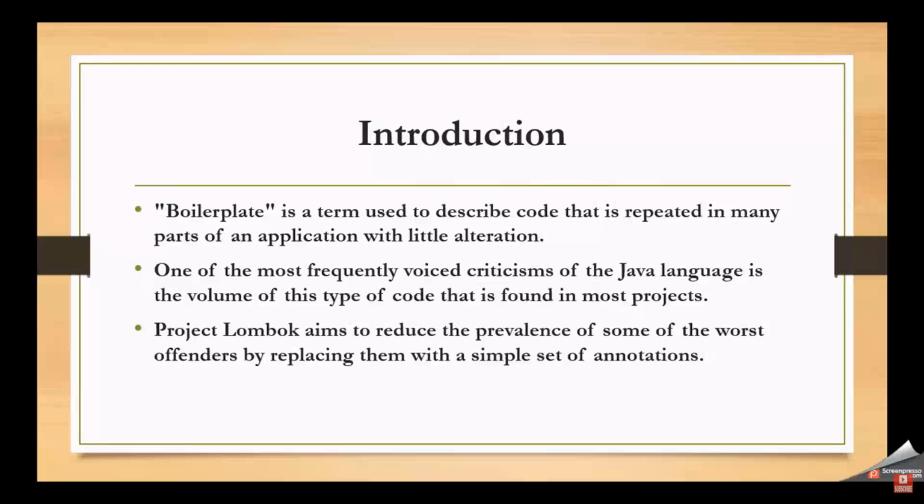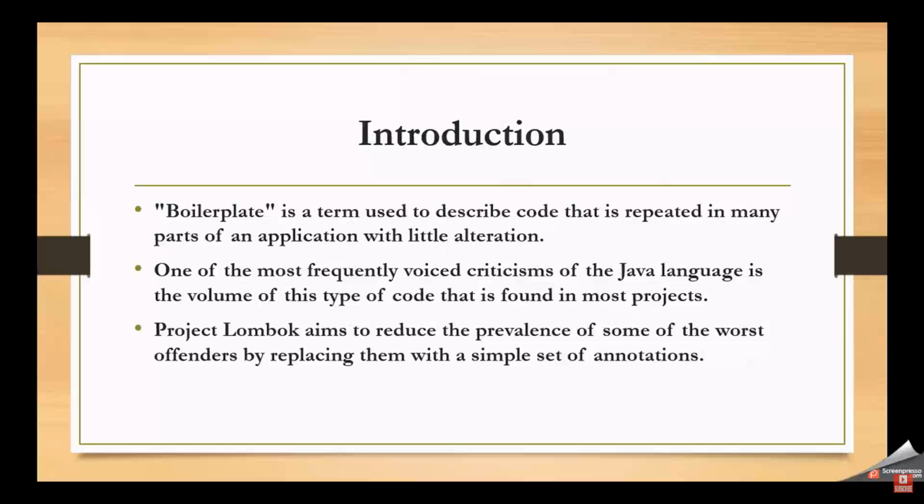Now, instead of writing that much boilerplate code in the project, we can replace that by using Project Lombok. Project Lombok's main aim is to reduce boilerplate code in our Java applications. To avoid or reduce that boilerplate code, Project Lombok provided a simple set of annotations for us.